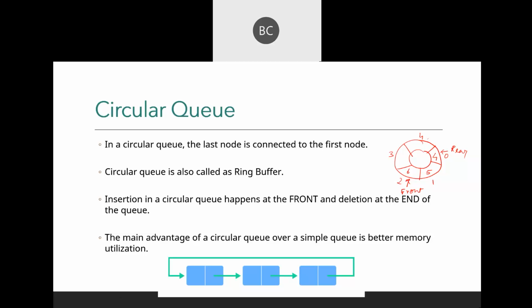It is called a ring buffer because all the ends are connected to another end, meaning the first one points to the last one, and the last one points to the first one again. So even if empty space is available in a circular queue, a new element can be added in an empty space by simply incrementing the value of rear. We will learn about this more.